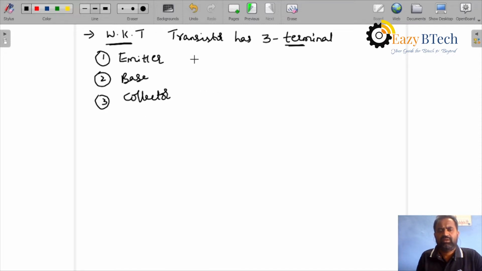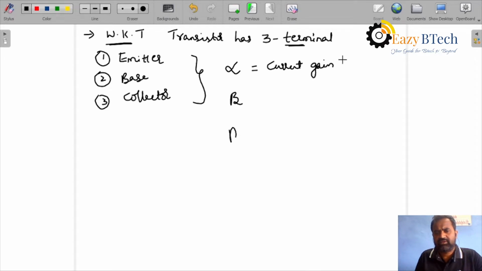Now, from these parameters, we have alpha, beta, and gamma. Alpha is the current gain factor for common base configuration.